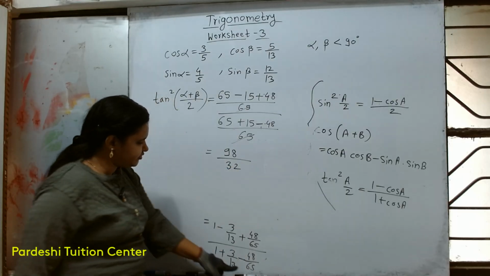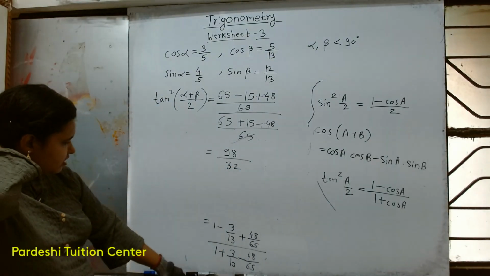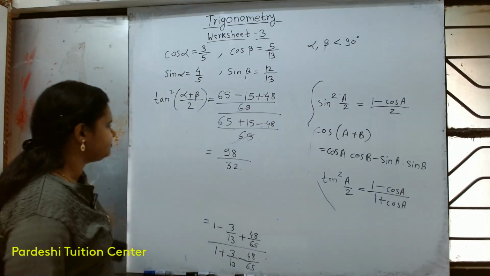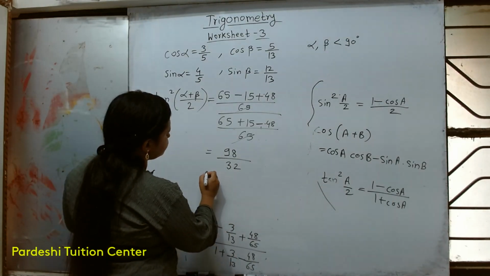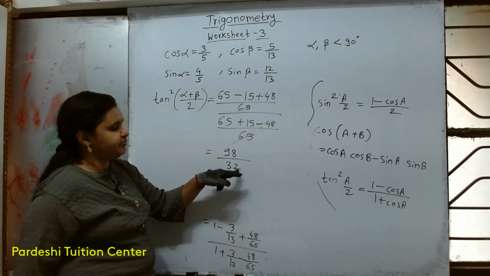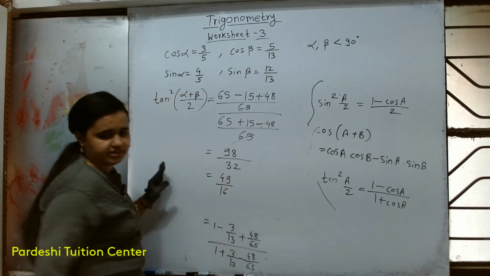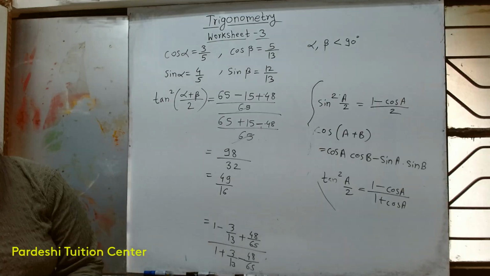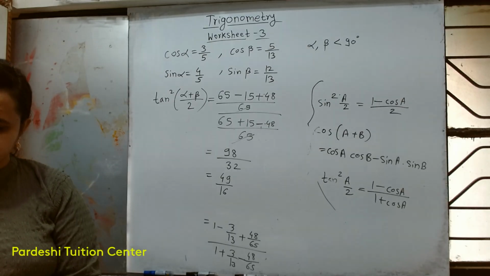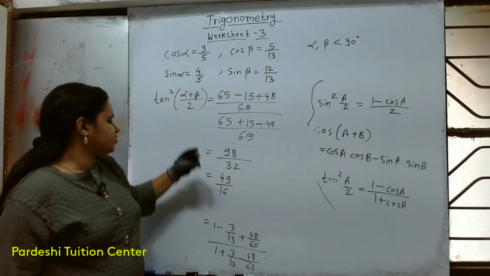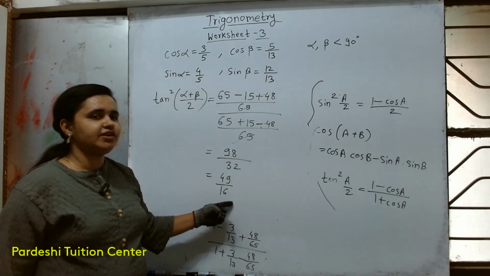I mistakenly wrote plus, because it is cos A cos B minus sin A sin B. If I divide by 2, it will be 49 upon 16. So our answer for the second one, tan square (alpha plus beta) by 2, is 49 by 16.